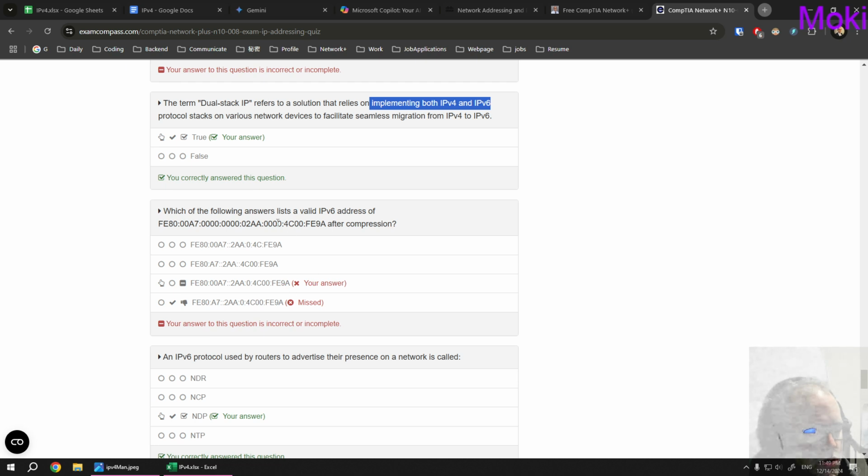All right, so this is compressing IPv6. I missed these 2 zeros. Everything else was correct. These zeros in a row get compressed to double colons. These zeros, they're called leading zeros. You need to remove them.